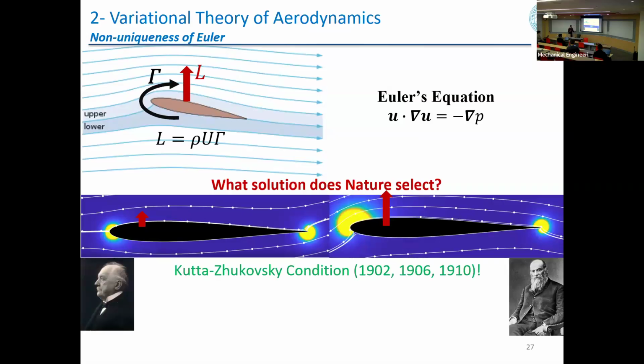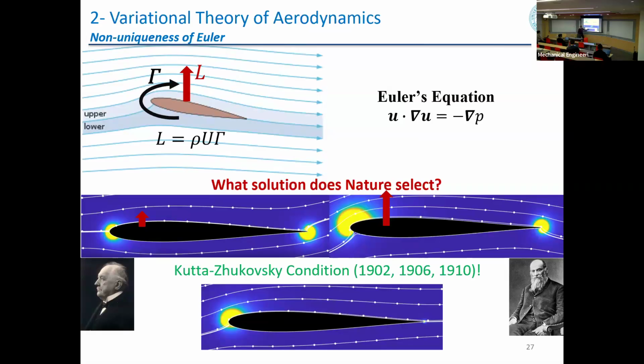So here comes the role of the very famous Kutta, or Zhukovsky-Kutta, condition. They said, luckily, there is only one solution in the family where the two flows come smoothly together from the sharp edge. There is no flow around the sharp edge from the lower surface to the upper surface or vice versa. So they said, this must be the correct solution and the corresponding lift must be the lift that nature provides.